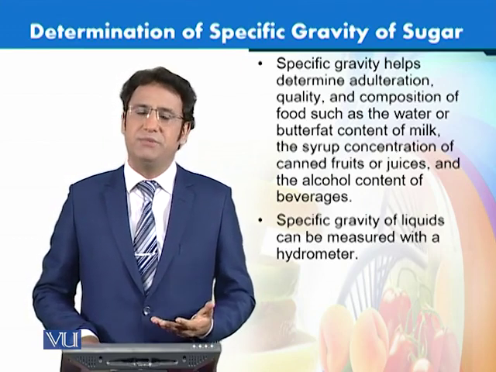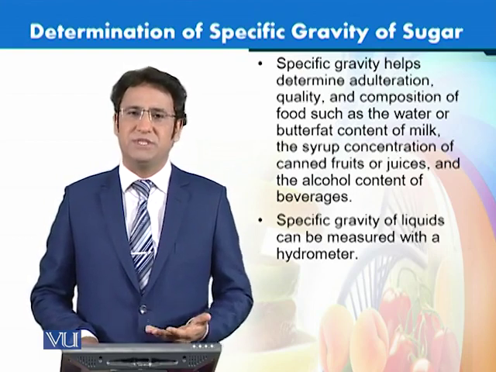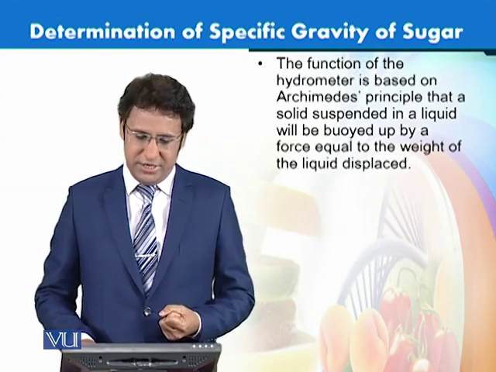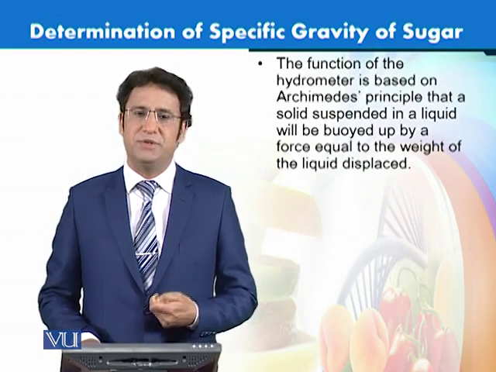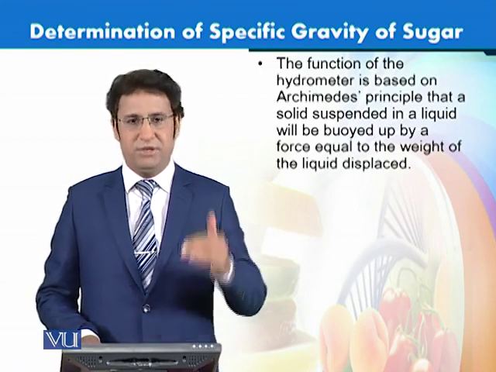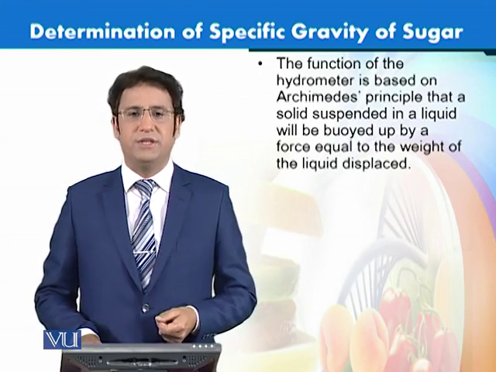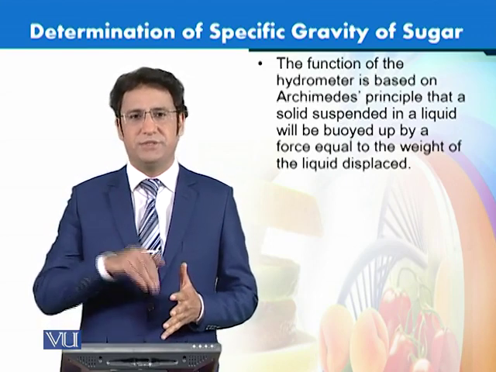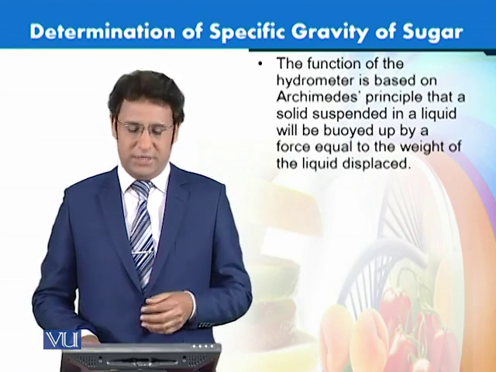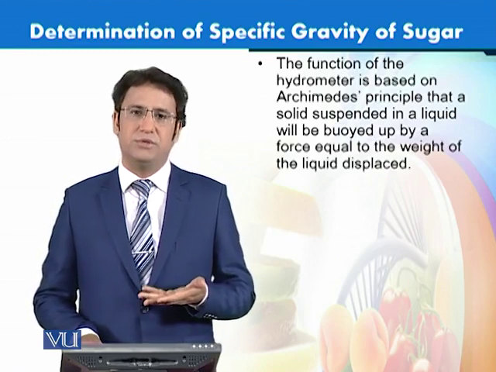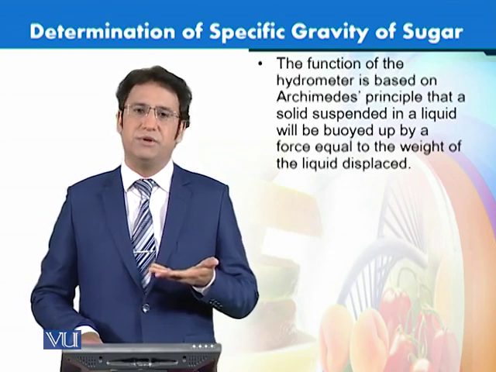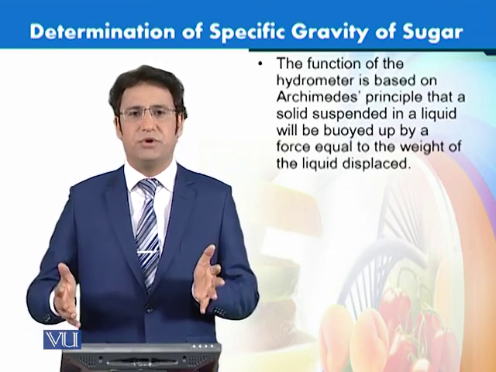There are different mechanisms by which we can measure specific gravity. One of the instruments is called a hydrometer. The principle of the hydrometer is based on Archimedes' principle: whenever we put something into a liquid, the buoyancy force applied is equal to the weight of the liquid displaced by this material.